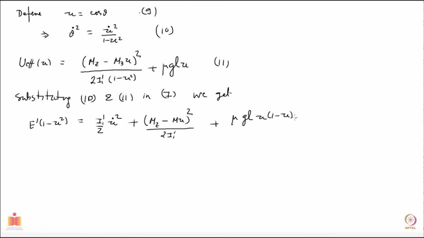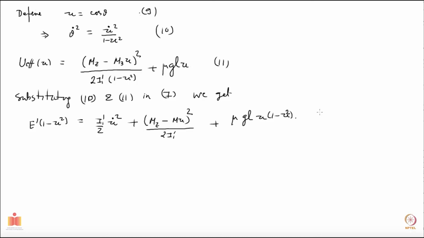Please check that this is correct. 1 minus u square, I think. What was that? Yeah, 1 minus u square. That is because of this term getting multiplied. 1 minus u square. That's correct.